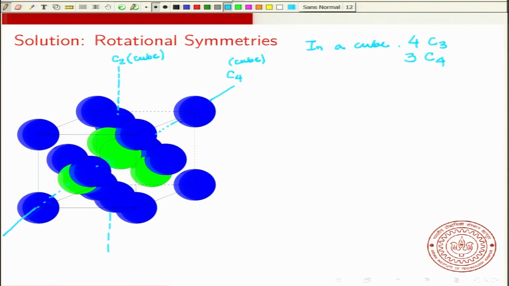And there are 3 of these. So there is one in the z direction, one in the x direction, and one in the y direction. Now you can already see that some of these will not be the same axis anymore.